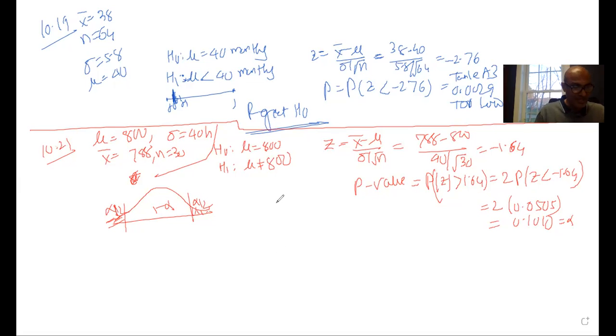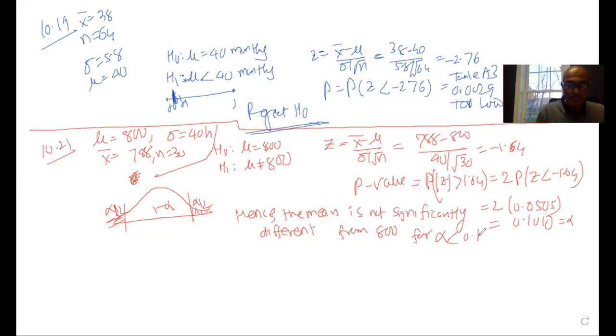Because that's a probability, so I can say that hence the mean is not significantly different from 800 for alpha less than 0.101, right?